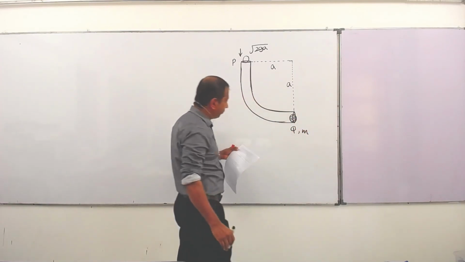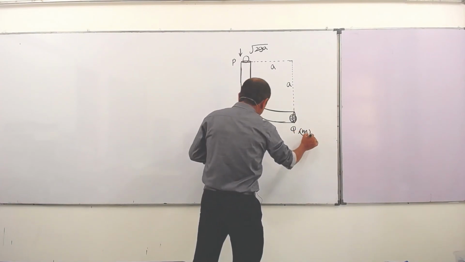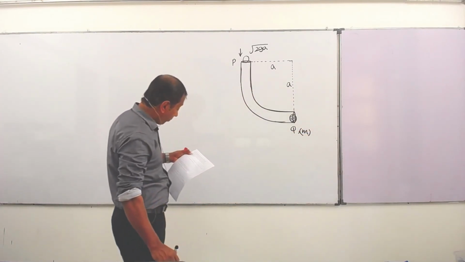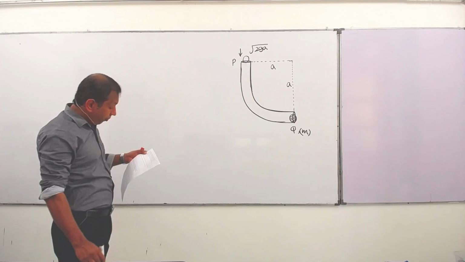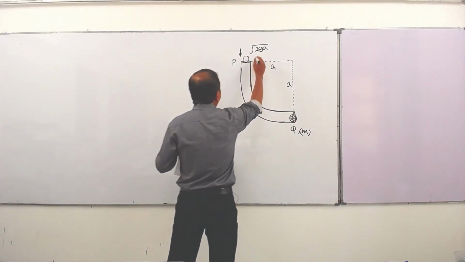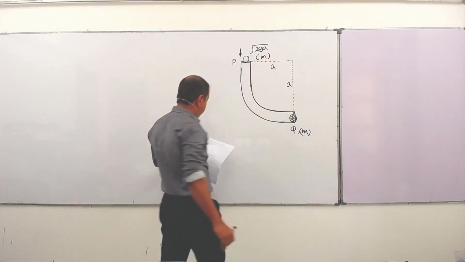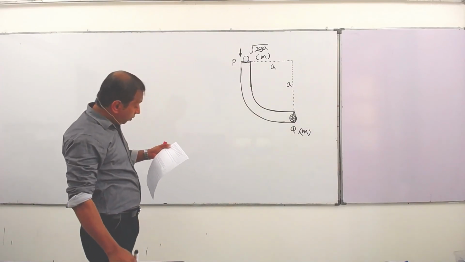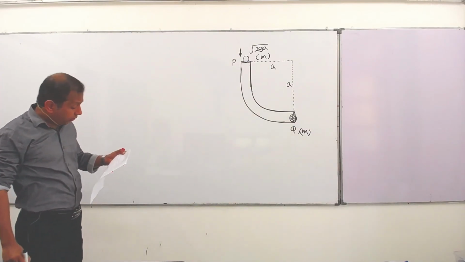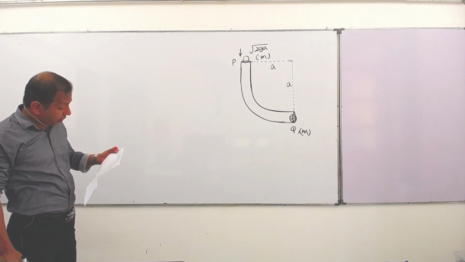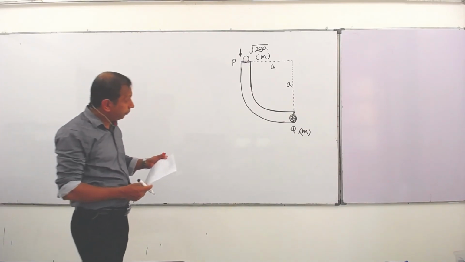Particle P is also of mass m. Particle P moving along the tube collides and coalesces with the particle Q at B.